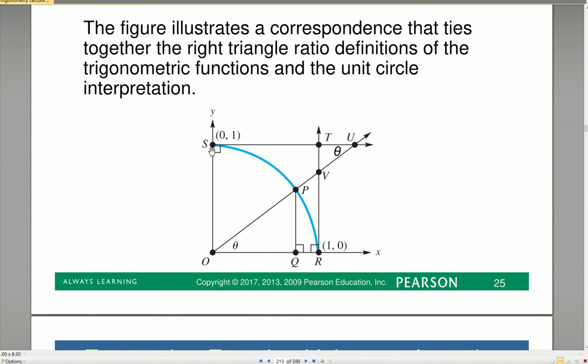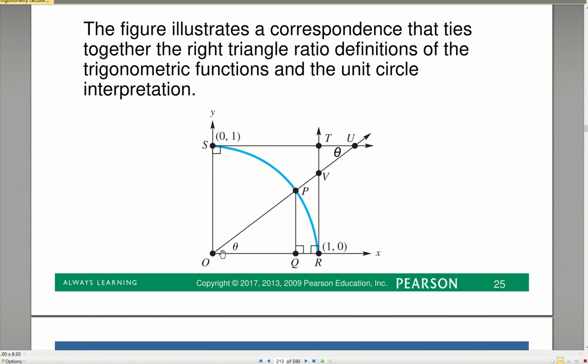Drop a perpendicular to the y-axis at the point of intersection here and keep going until all three of those lines intersect. Then what you encounter is three triangles of interest. One is this original one, the next one is this triangle OVR, and also OSU.